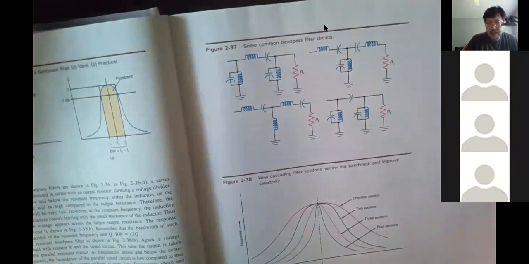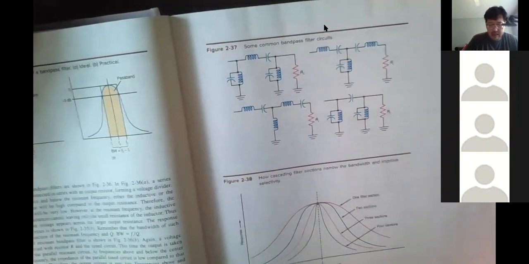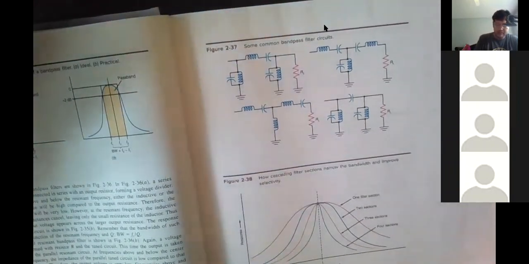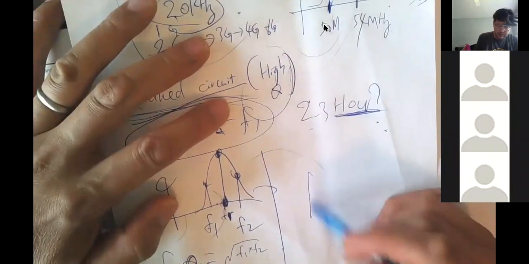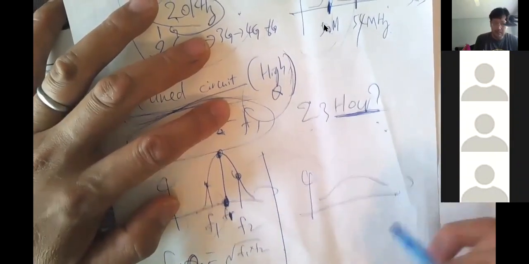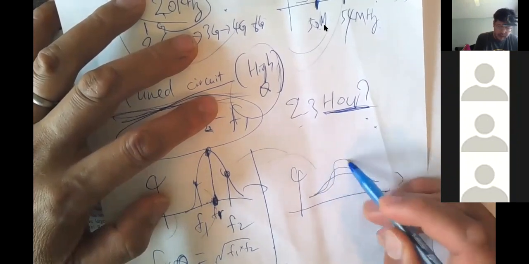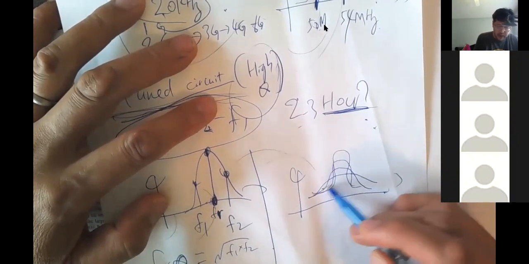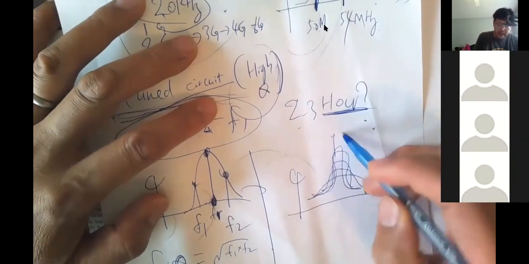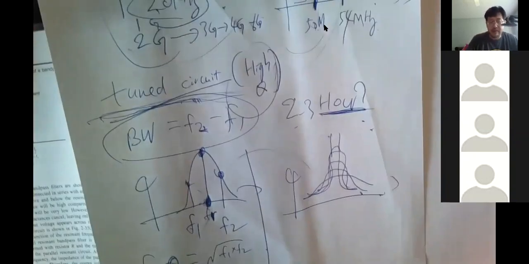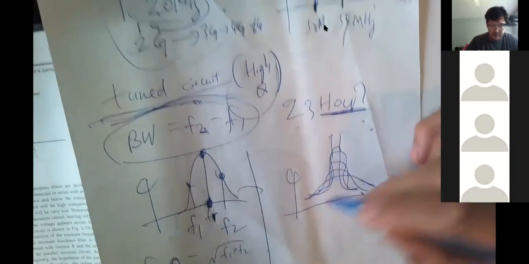Why do we have multiple? Because 1 cannot get the job done. This is 1, and then this is 2, this is 3, this is 4, this is 5. And finally, we are listening to our own station instead of many stations.